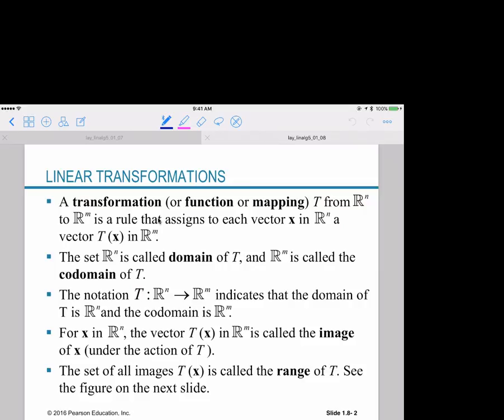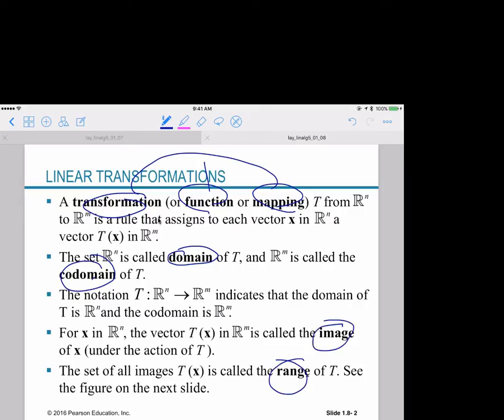So let's go through some terms defined in this transformation or function or mapping. All the 3 terms are having the same meaning. And then so the first term or first keyword that we learn is domain and the codomain and the image and the range.